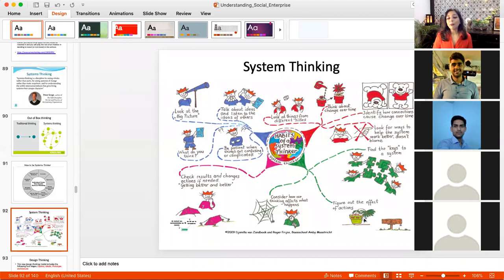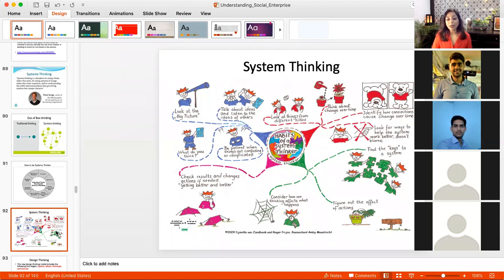If you pick up a problem of education, for example, you can make your own design like this. You can make your own design like this, which is talking about systems thinking in this way.